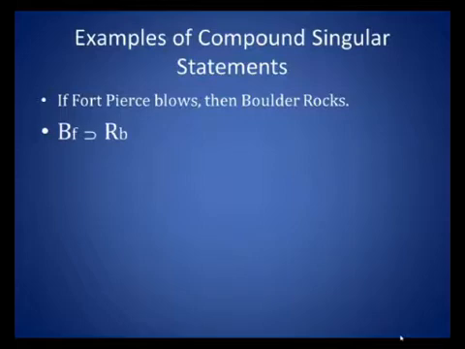Where lowercase f stands for Fort Pierce and the uppercase B stands for blows, because in that clause, blows is our predicate and Fort Pierce is our subject. Notice in the consequent, Boulder rocks, Boulder is our subject and rocks is our predicate. So by using our familiar horseshoe symbol, we can then translate the sentence, if Fort Pierce blows, then Boulder rocks.